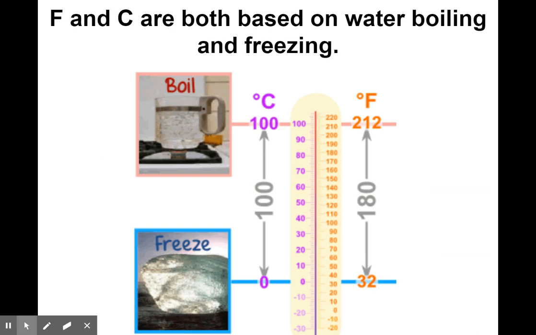Fahrenheit and Celsius are both based on water boiling and freezing. This is a cool thing because it shows that over many hundreds of years, scientists have thought there's something special about water. Lots of our units are based on water. For Celsius, the freezing point of water is 0 degrees Celsius, and the boiling point is 100 degrees Celsius. For Fahrenheit, it's 32 for the freezing point and 212 for the boiling point.